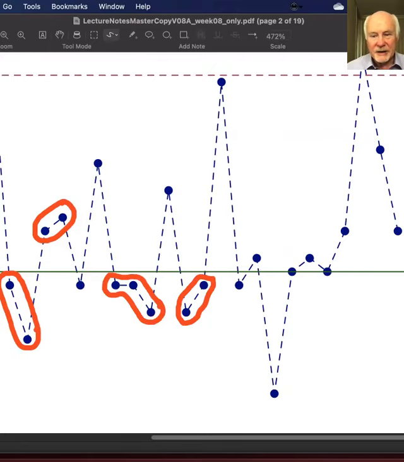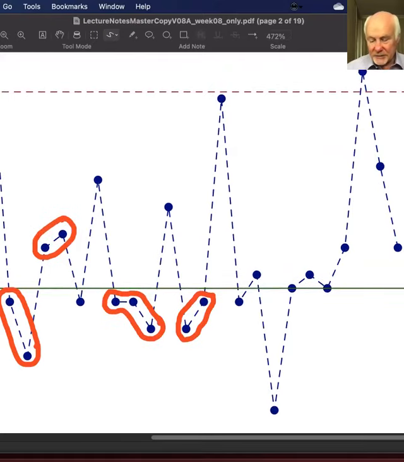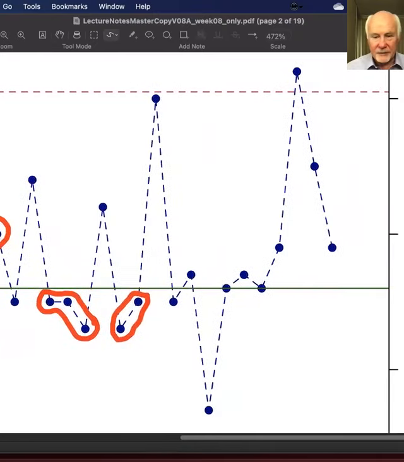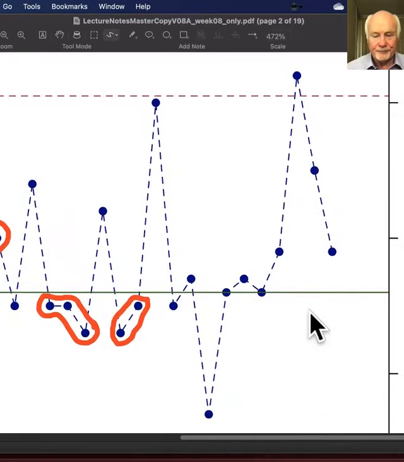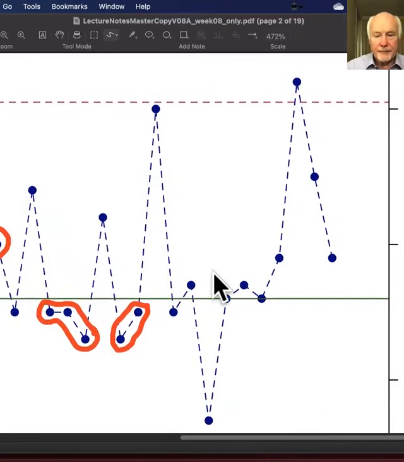And then things start to get interesting. So let's focus in a bit on what's happening here. So we have a point there which is on the control line. It's on the median line. For this test, we just ignore that. Okay, it doesn't count.